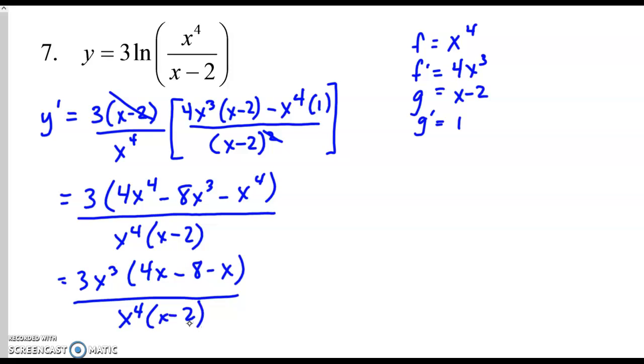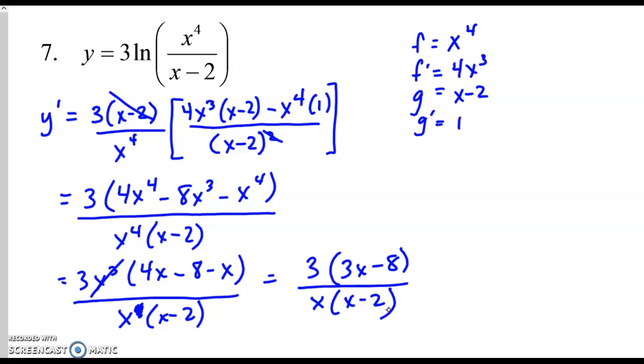We'll do that next. So there's 3 x's here, 4 on the bottom. Those will cancel, 1 will be left on the bottom. And last but not least, we're going to have 3 times 4x minus 1x, 3x minus 8 over x times x minus 2, our reduced derivative.